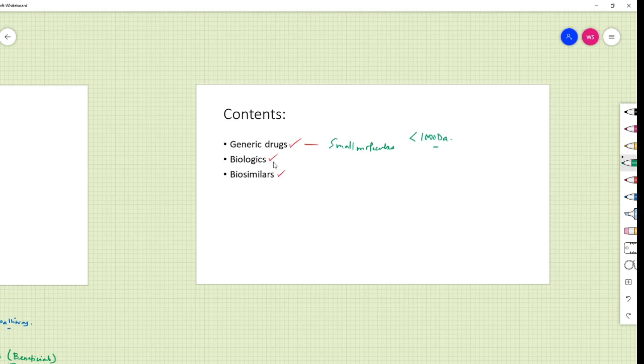We've talked about biologics. What are the other names for biologics? Biotech drugs, technology-derived drugs. They are called follow-on biologics.